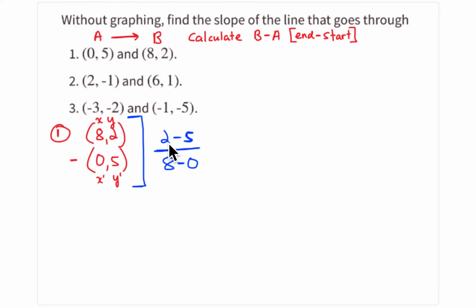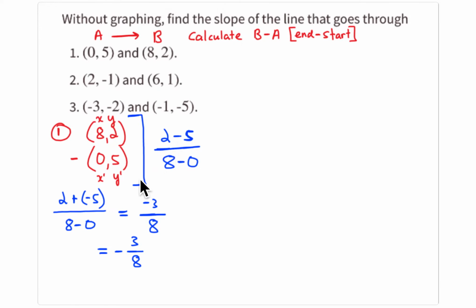So this is the y value where you end minus the y value where you start, over the change in x. And so this is the x value where you end minus the x value where you start. So this is 0 minus 5 and this is 8 minus 0. So you do this calculation right here.